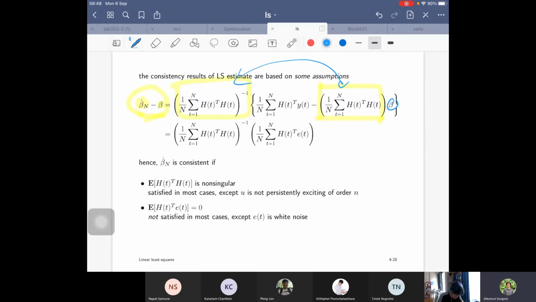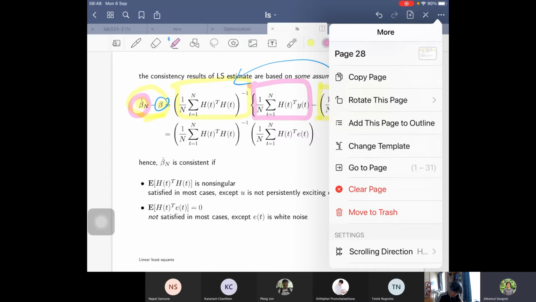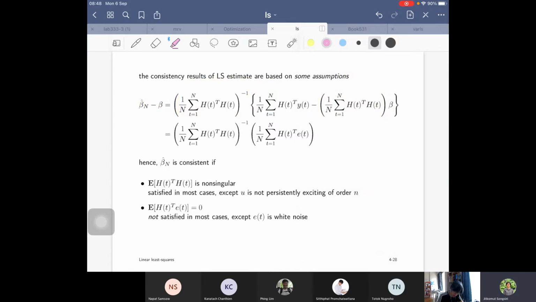So it gives you the term beta, and the yellow term with the pink term is just beta hat. This is just to verify the expression.